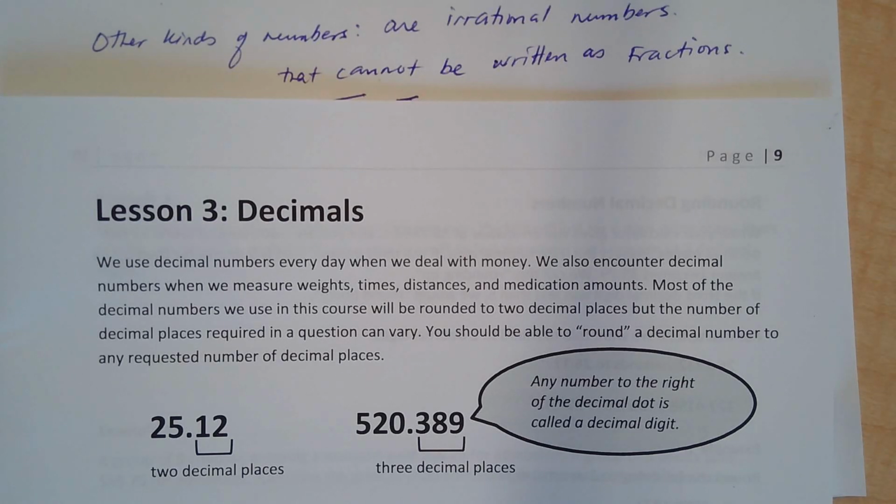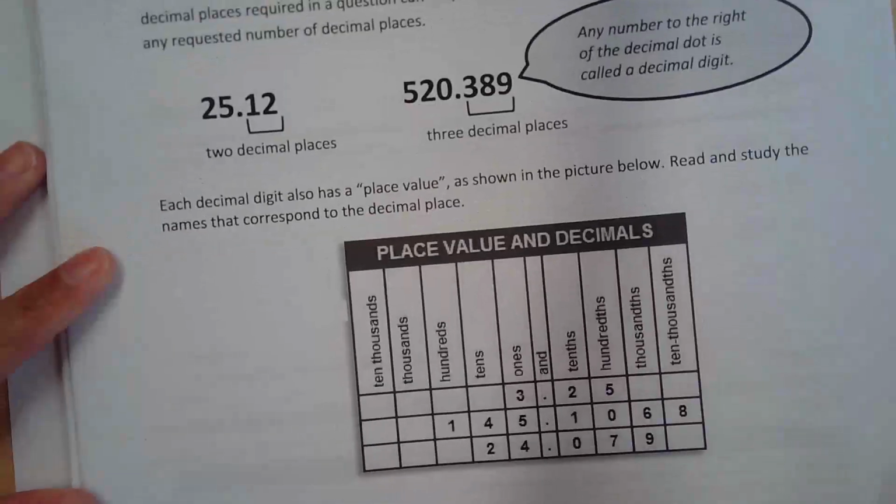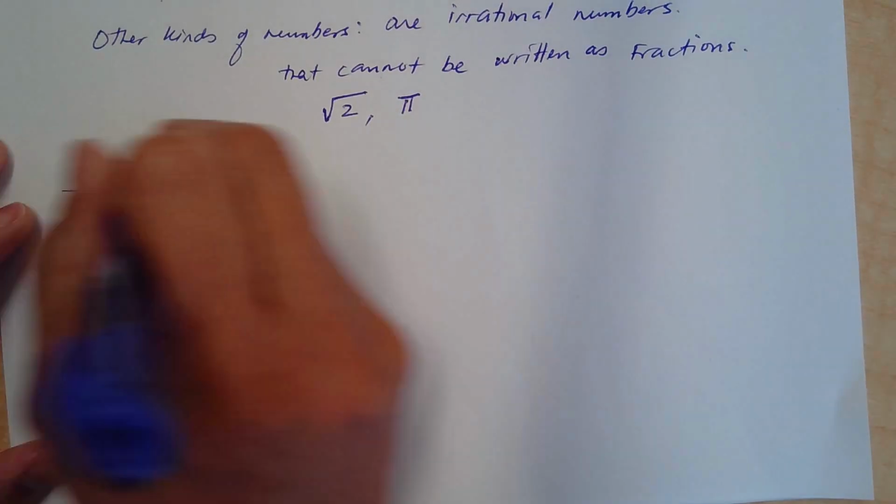Now, if we go over here, how many decimal places is that? That's 3 decimal places because there are 3. If I say, round off to 1 decimal place, how many numbers after the decimal? Just 1. Okay, so I'm just going to give this as an example.